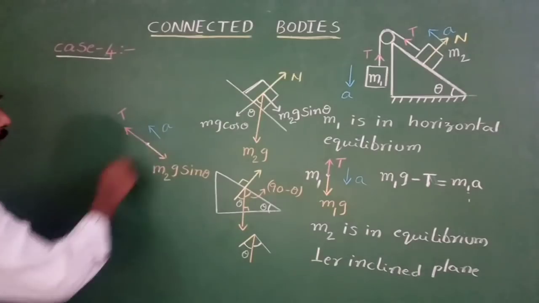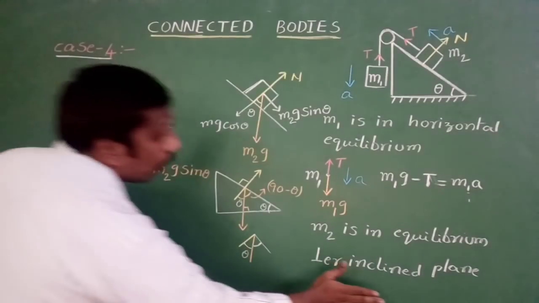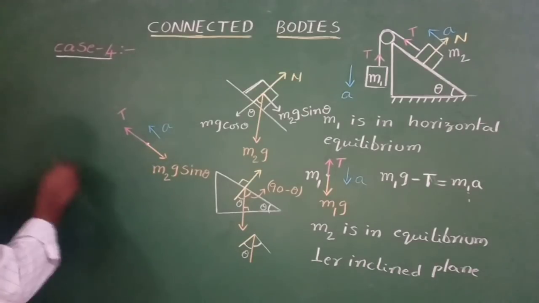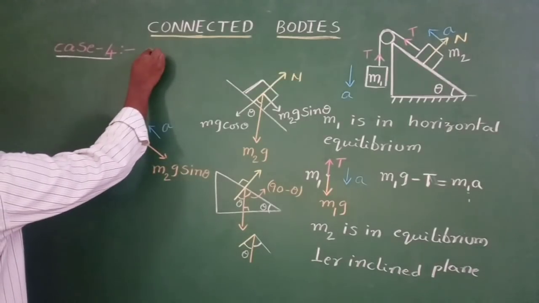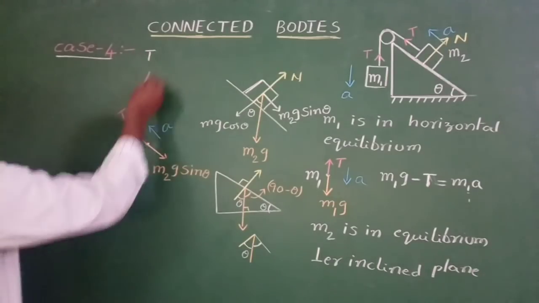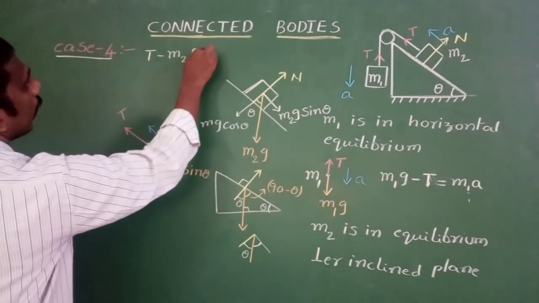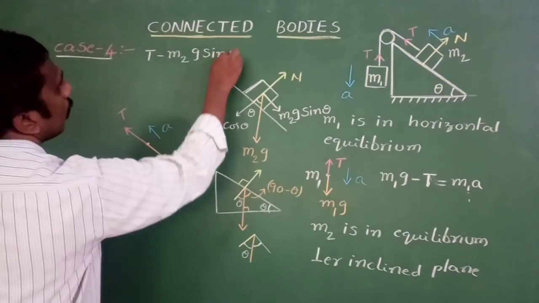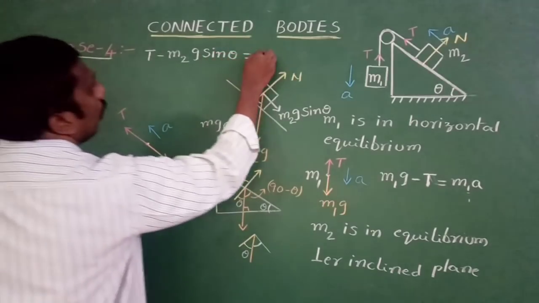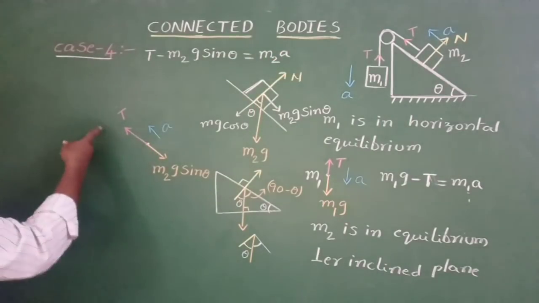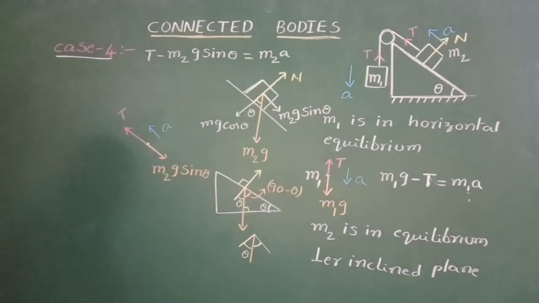But what about vertical forces? The forces perpendicular to the inclined plane are in equilibrium. Whenever it is in equilibrium, there is no need to consider the forces perpendicular to the inclined plane. So if you write the free body equation, T is acting in the upward direction, T minus m2g sin theta is acting downward, is equal to m2 into a, because the block is going upward, that's why T is greater than m2g sin theta.